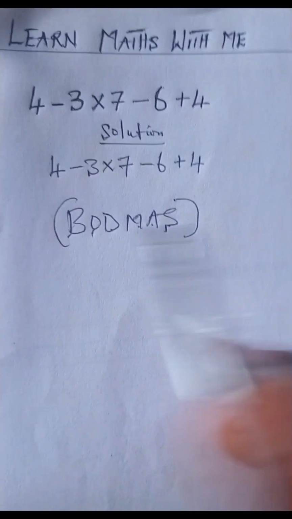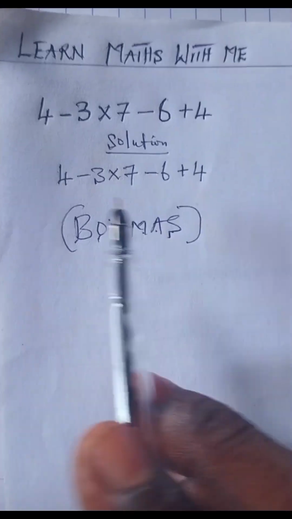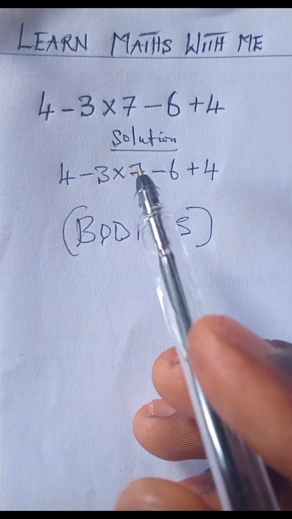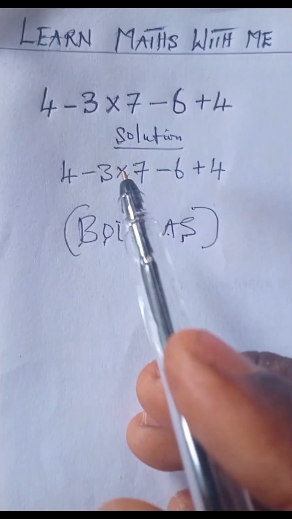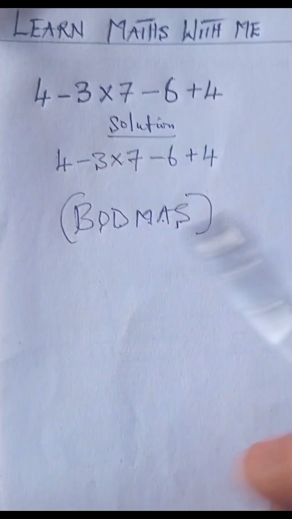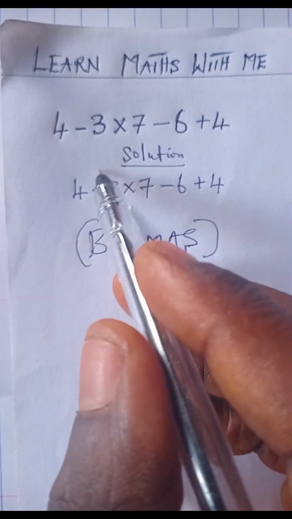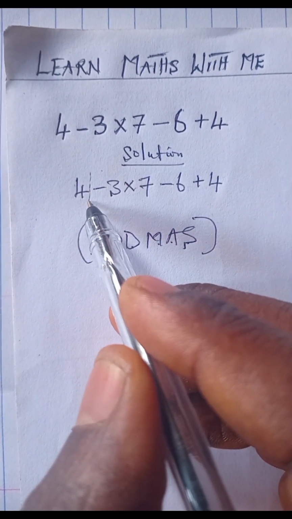All right, so what are we going to do first? Now if you look at this question, we can divide it into three parts. This is the first part of the question, that is 4.